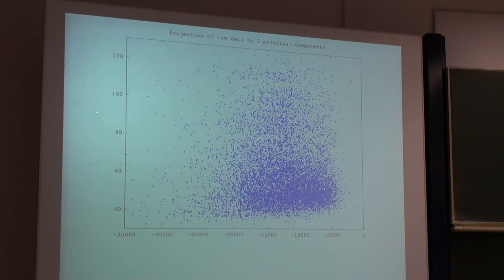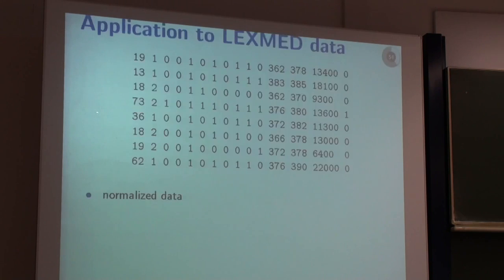But the reason is quite simple. In the not normalized LexMate data, here you see the data. If you don't normalize these data, then of course the leukocyte value is by far the largest value, and therefore the variance will dominate all the other variances extremely.